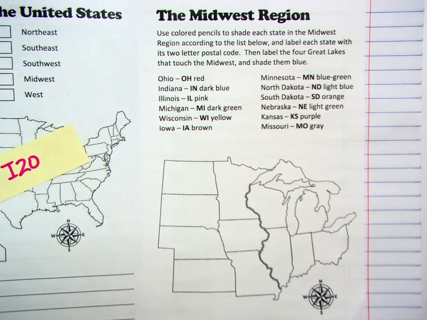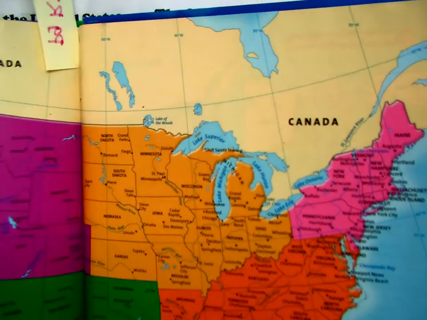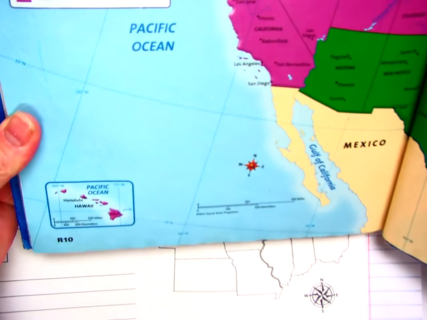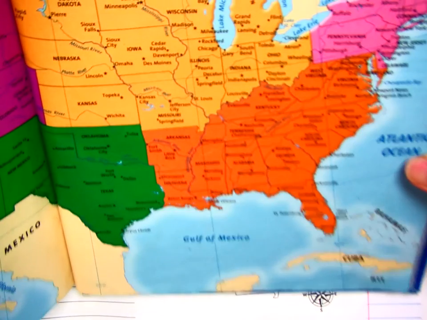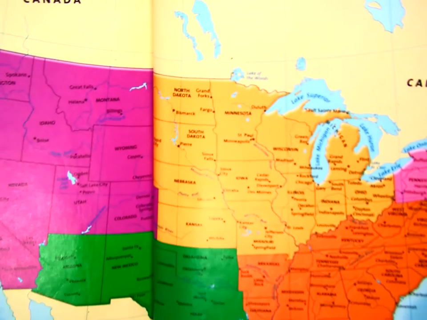So in your textbook, back at the back, there's a reference section, and it's on page R10 for reference, and R11. You see another map of the United States. It's very similar to the one we just looked at.